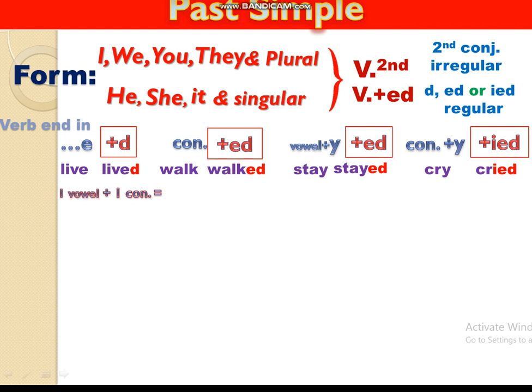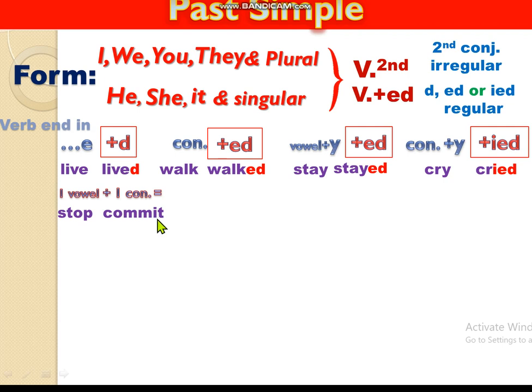But when it's a vowel, then one consonant, like stop or commit, we can see stop is monosyllabic and commit is disyllabic. Well, in both cases, we're going to double the last letter. But why do we double it here?